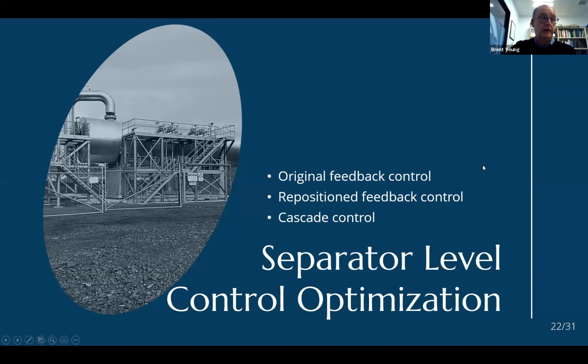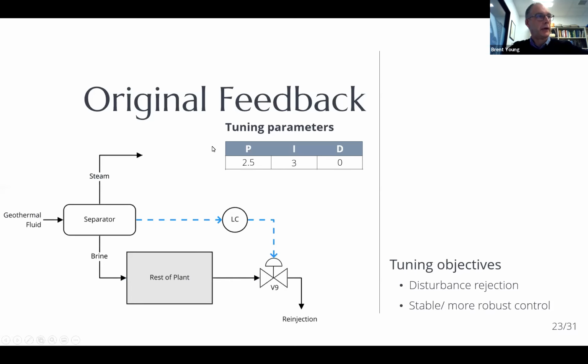So we then used this model to look at different control schemes. One of the issues was the control of the separator level. The problem here is that the original feedback in the plant had the separator level controlled by the reinjection valve, where there's a huge dead time between the separator and the reinjection.